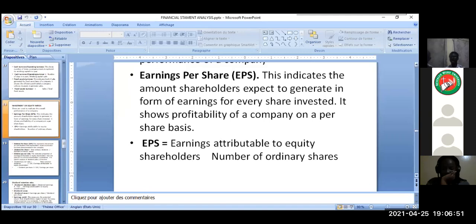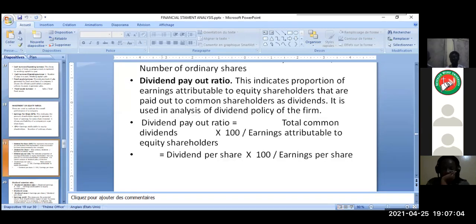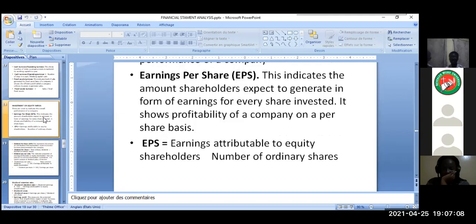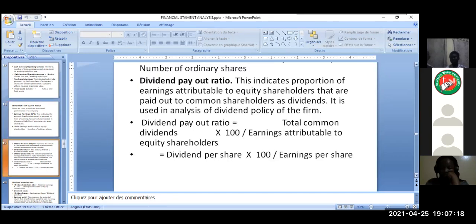Earnings per share equals earnings attributable to equity shareholders over the number of ordinary shares. Okay, it's very simple. We just take all the earnings to equity shareholders, then we divide by the number of ordinary shares we have in the company.